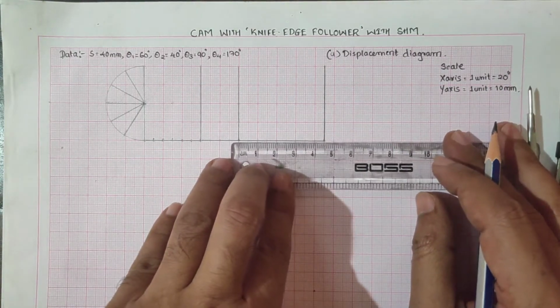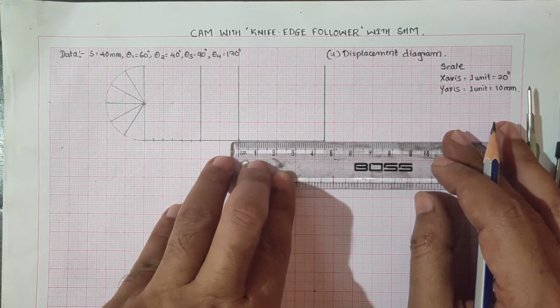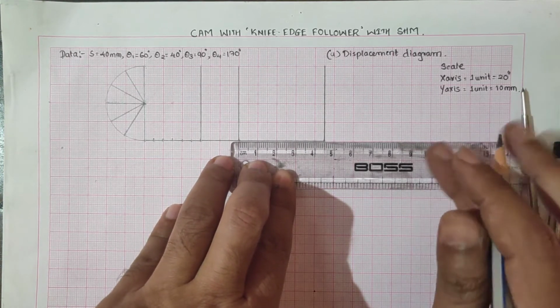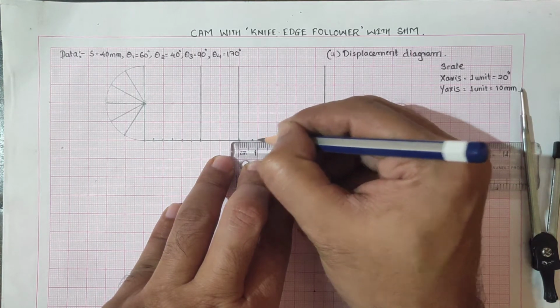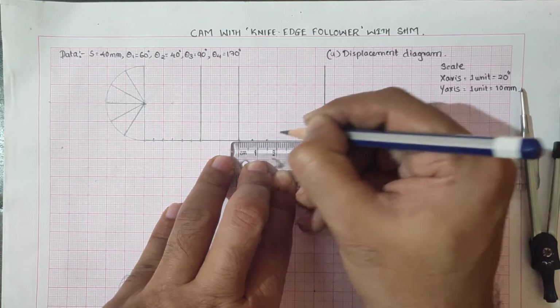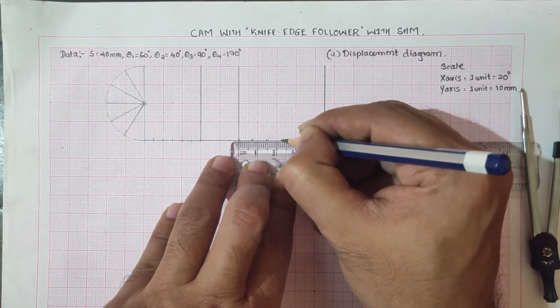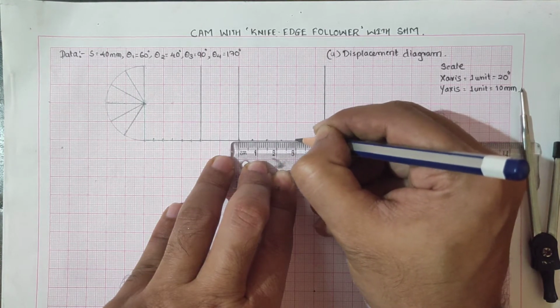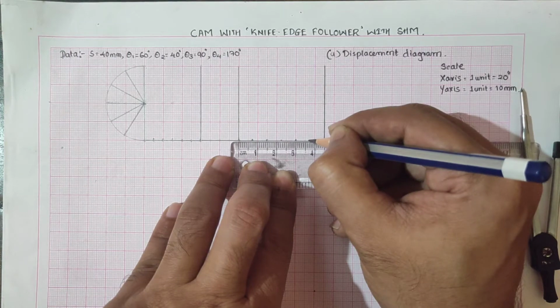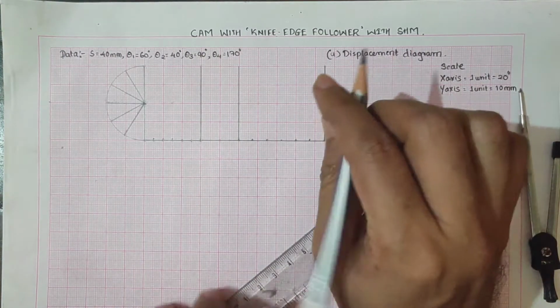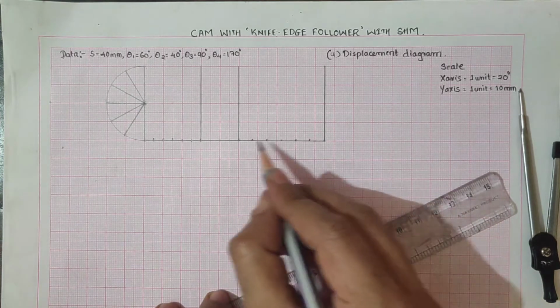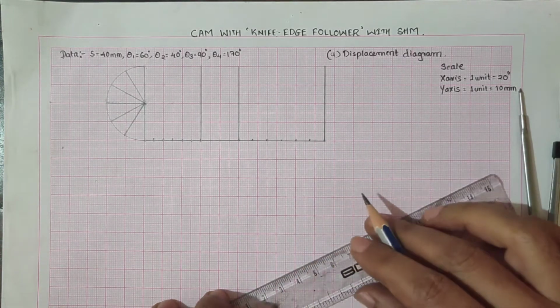So this one will be at 7.5, this will be at 15, and so on. So you can divide, again you have divided into 6 equal parts.